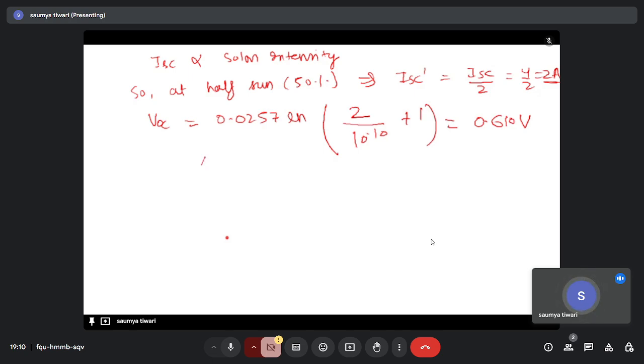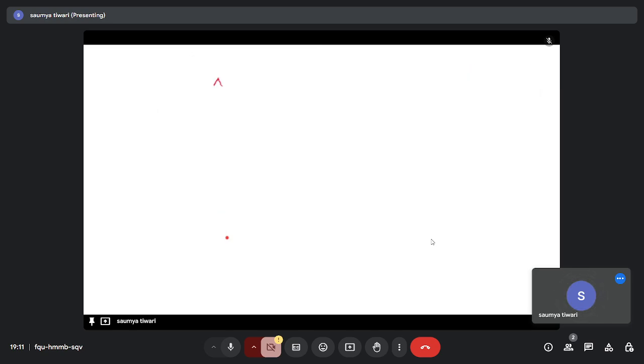Now if we plot these two values, okay, let's take it on the next page.